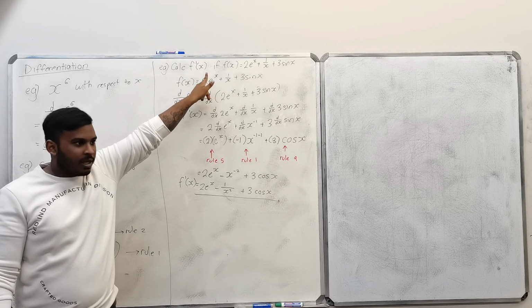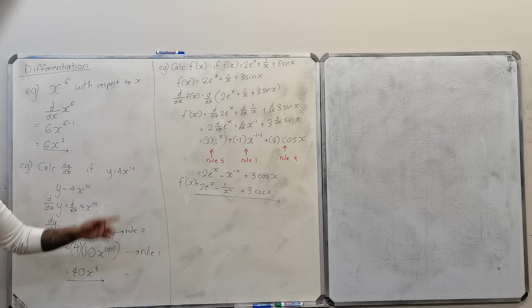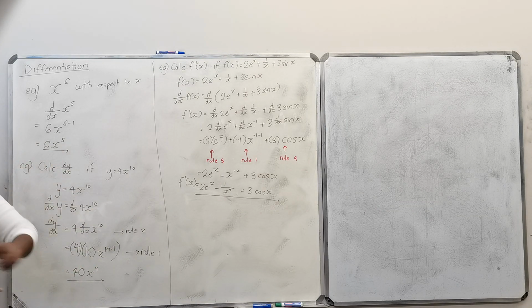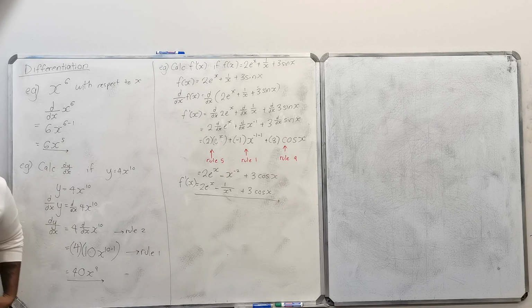If you go back to symbols and the meanings for differentiation at the bottom of 187, d over dx means what? Differentiating with respect to x. That is why I introduce d over dx on both sides, because they want me to differentiate with respect to x.